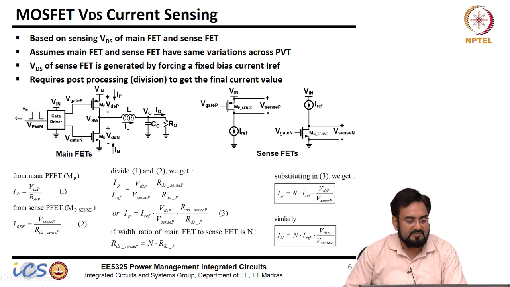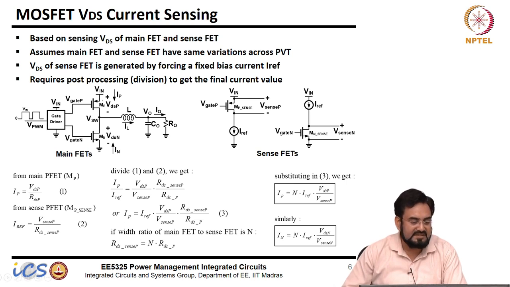Let's say RDS on is fixed, then I load will change this VDS, correct? So if I sense this VDS and take the ratio of the two, that will give me the load current.